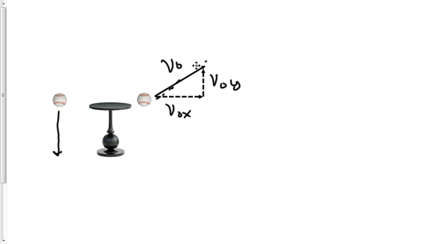It'll go up like this, reach some kind of a maximum height, and then come down to the ground below. So one more time, we'll have a velocity vector that's got an x component and a y component to it, but this one will only have a y component. Let's talk about at this maximum height, though. Our velocity vector at that point is just going to be in this direction here at max height.